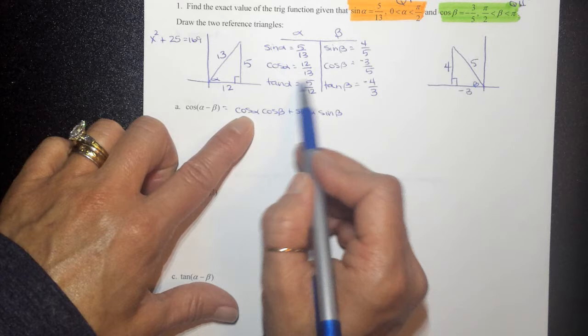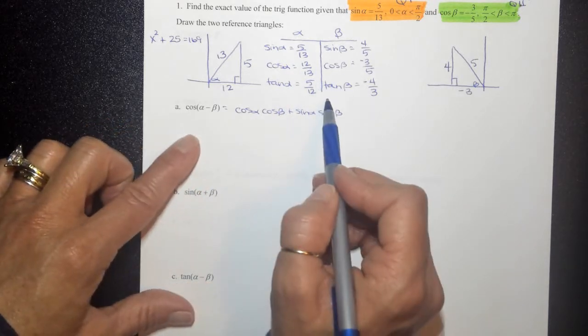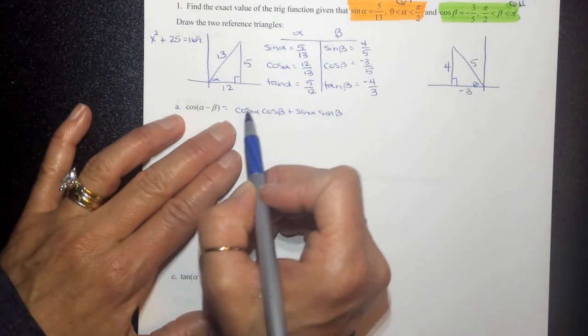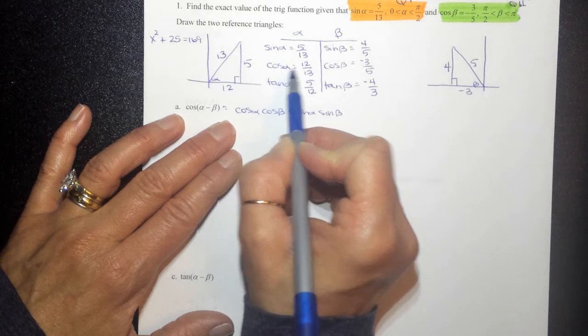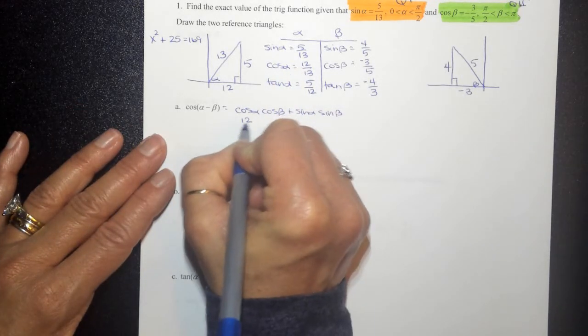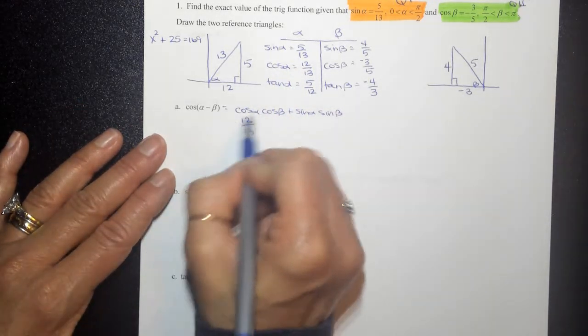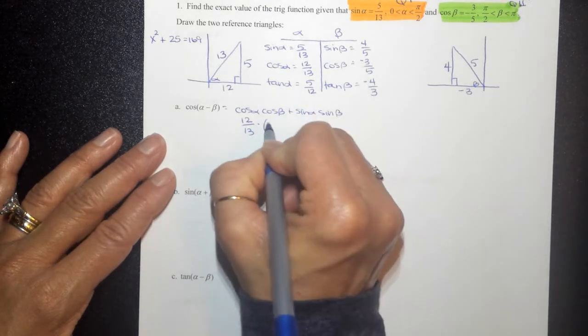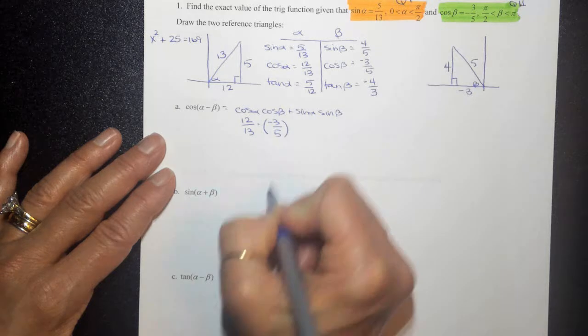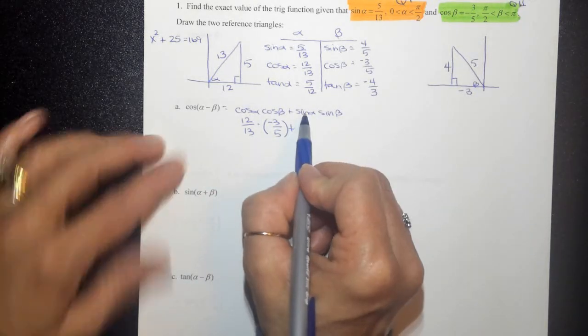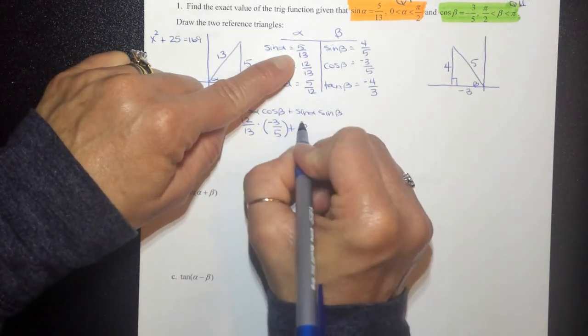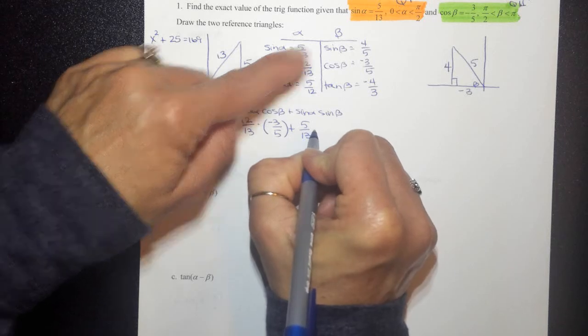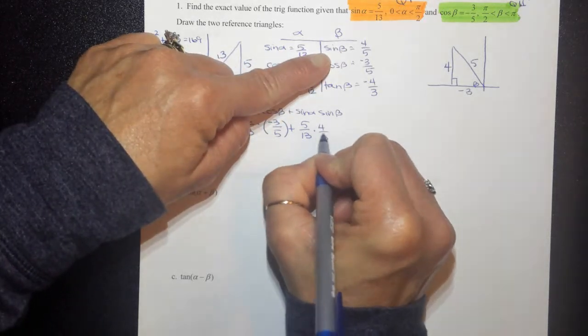I have my alpha and beta angles all up here in this T-chart, so I'm just going to plug in. Cosine of alpha is 12/13, so I put 12/13 in here. I made a full substitution, times cosine of beta, which is -3/5, plus sine of alpha, 5/13, times sine of beta, which is 4/5.